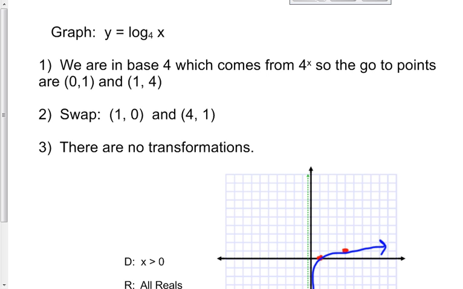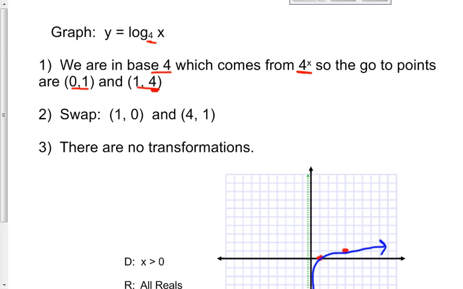First one, we're going to graph y equals log base 4 of x. So the first thing I mentioned was we need to know what base we're in. We're in base 4. Base 4 comes from the exponential graph 4 to the x. We need to use the go-to points that belong to 4 to the x. Those go-to points, think exponential growth now, are (0, 1) and (1, 4).